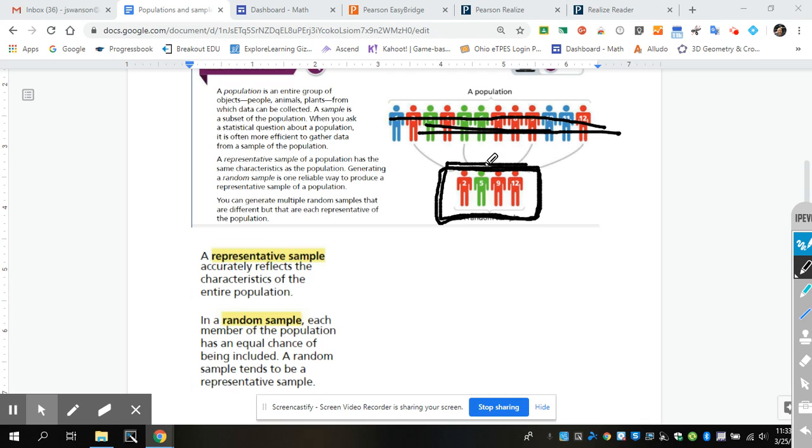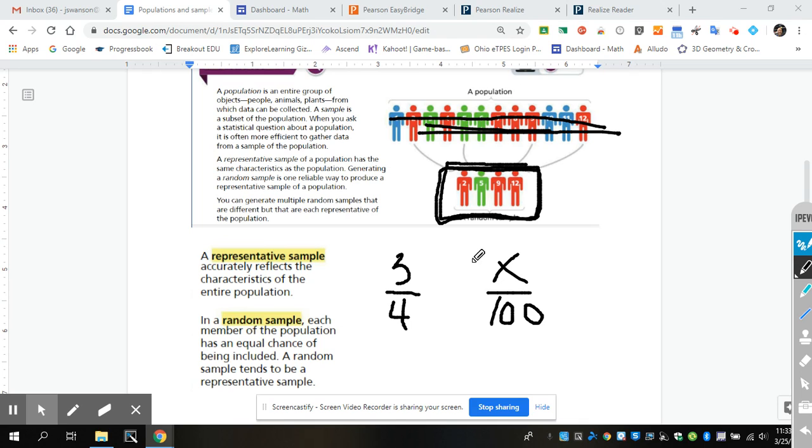All we know is the sample, and we know that 3 out of every 4 people are red. So let's say there's 100 people total in the population. How many people would we expect to be red?